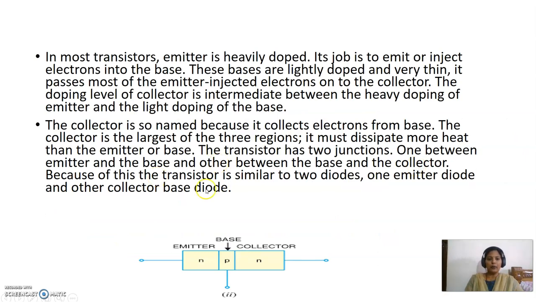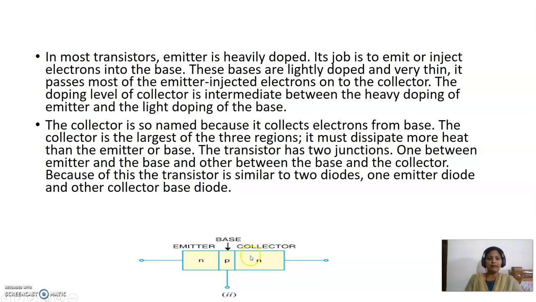Now, going further into the emitter, base, and collector: the emitter is heavily doped. The job of the emitter is to emit or inject electrons into the base. As the base is very lightly doped and very thin, it passes most of the emitter-injected electrons to the collector.